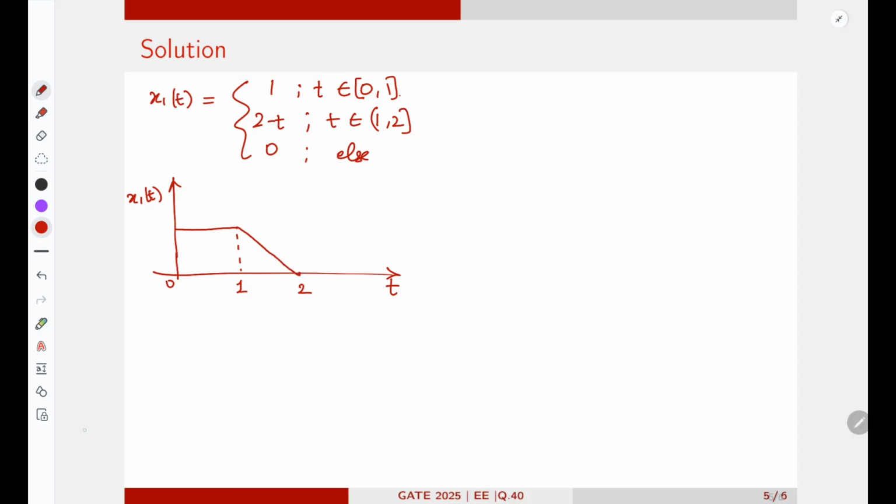Now similarly let us look at the function x2 of t.